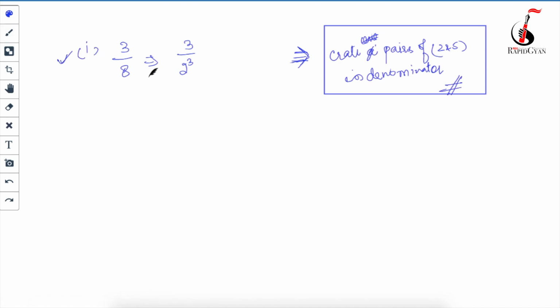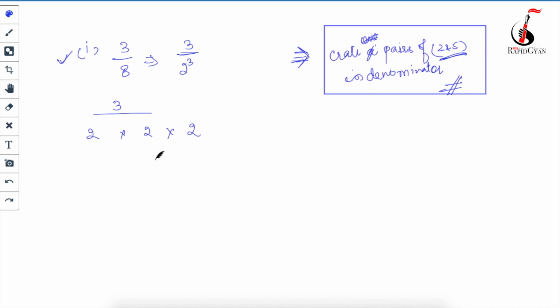So come to this question. Here you see 3 upon 2 cube. This I can write like this: 3 upon 2 times 2 times 2. Correct? So you will have to create pairs of 2 and 5. How many 2's are there? There are three 2's. So it means we will have to find three 5's also, then only we will have 3 pairs.